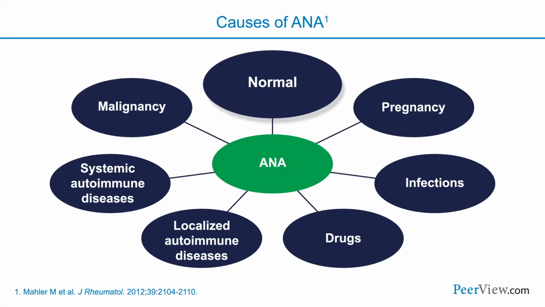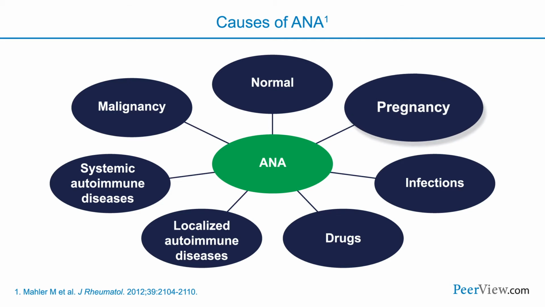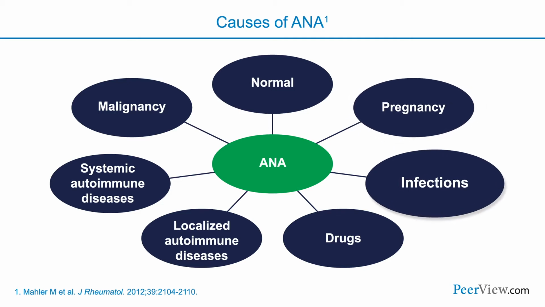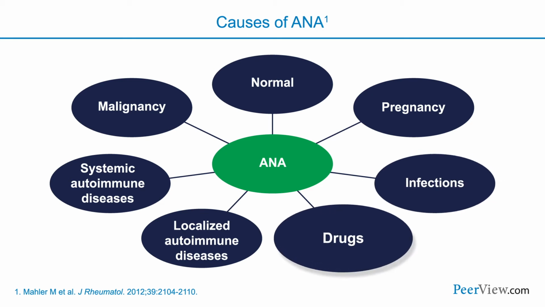So it turns out the most common cause of having a positive ANA is being normal. And I'm serious, 20% of normal young women can have a positive ANA. Pregnancy can cause a positive ANA, many infections can, many drugs can.